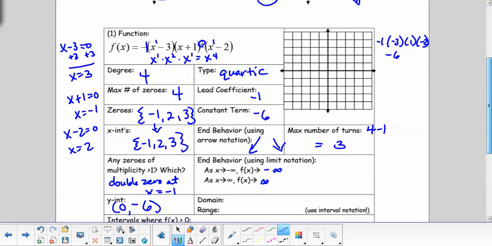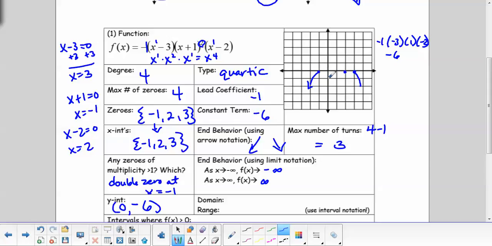So let's take a look and see. We need to mark our zeros, -1, 2, and 3. Our end behavior is down and down, and we're going to have a bounce at -1. So this side's down and this side's down. And we're going to have a bounce here, and we need to go through, where is our constant term?